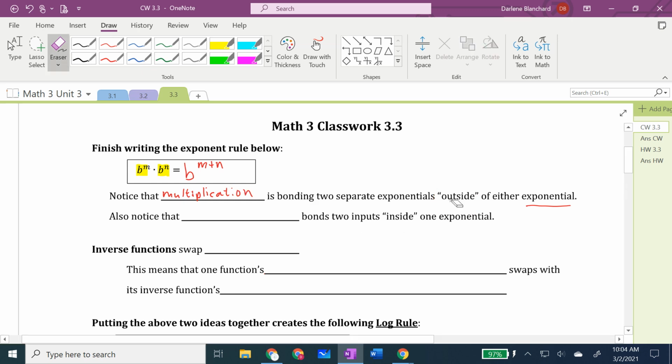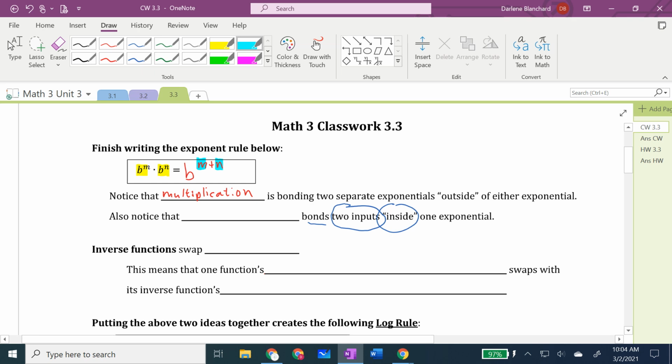Then I want you to notice that the other bond that is going on is between the actual inputs inside the exponential. And I'm going to highlight that.